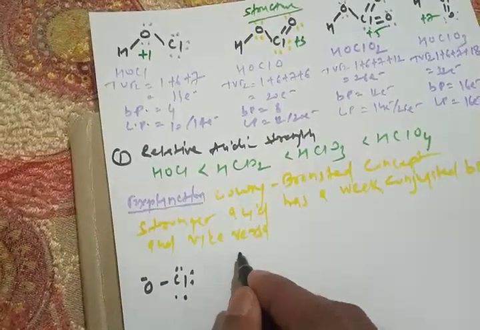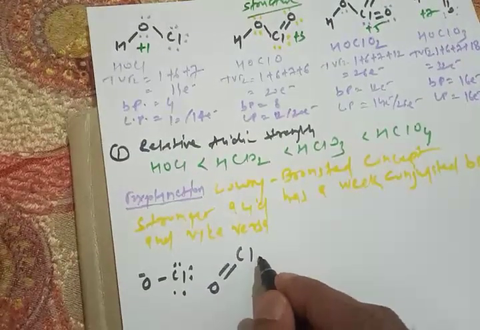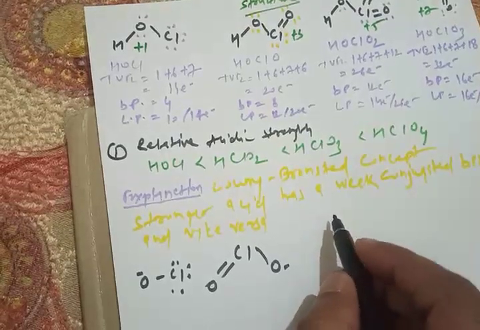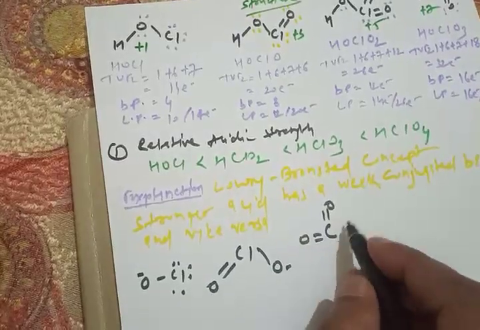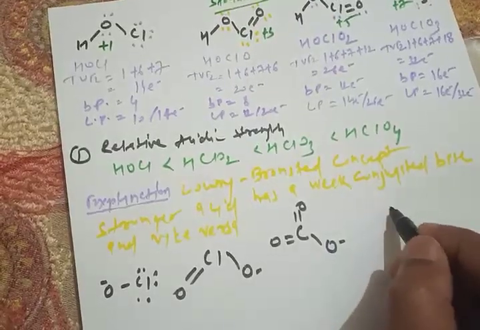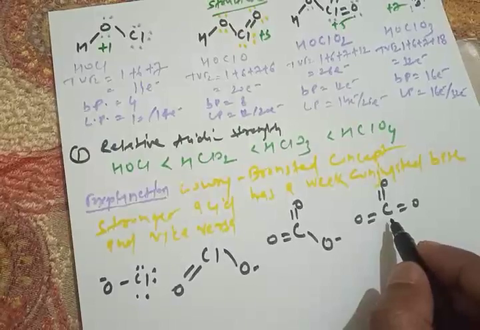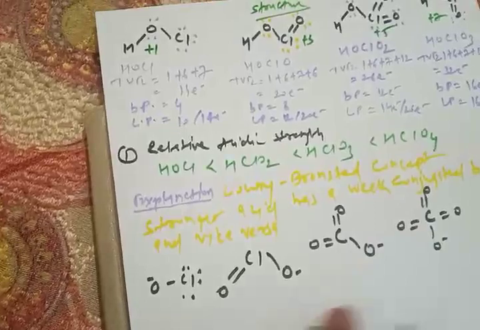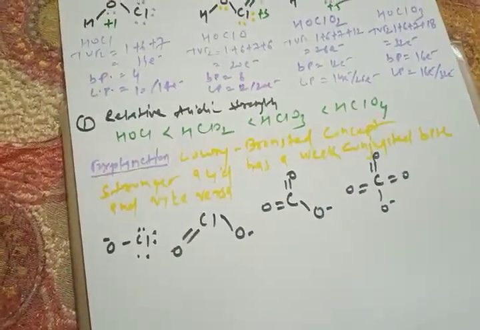In this case Cl is double bonded with O and singly bonded with another O which has a negative charge. Next case, Cl is double bonded with O, then another double bonded O, and one oxygen with a negative charge. Forget about the structure, I am talking about the electronic arrangement only. So this is how the conjugate base is written by the removal of a proton. What has actually happened here?